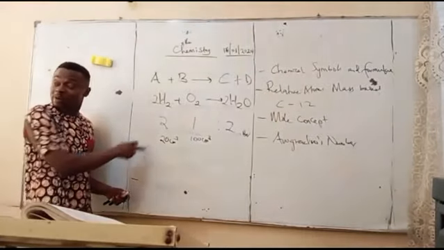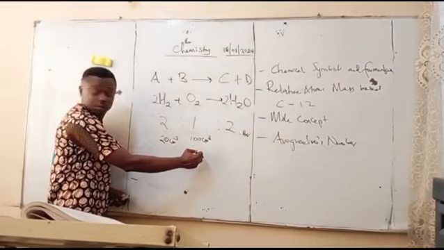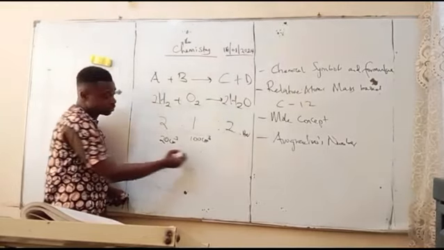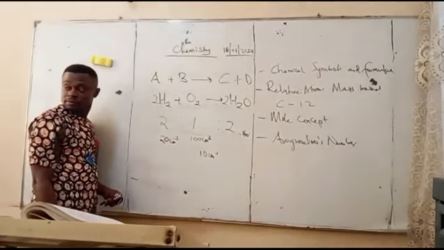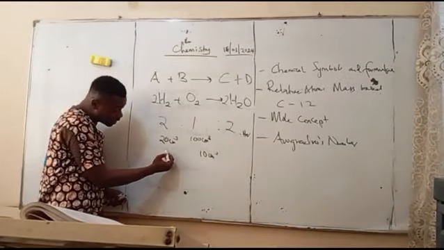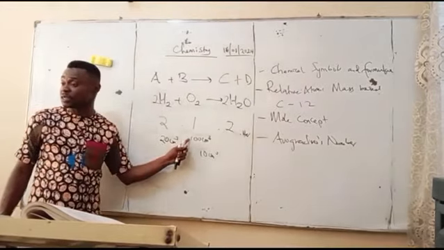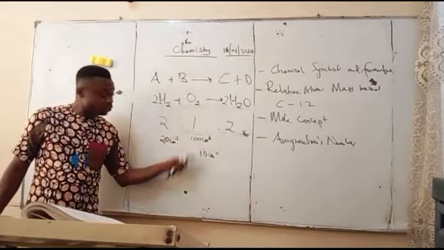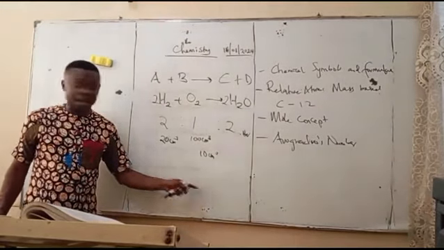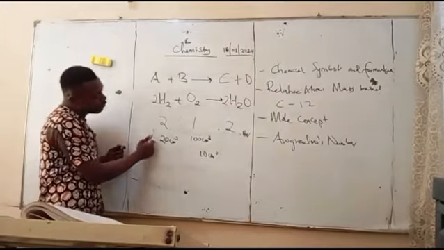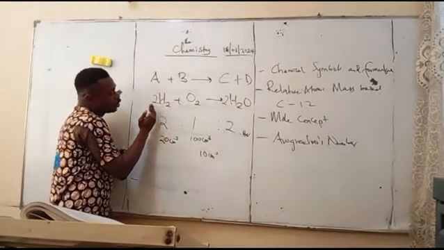The amount that will react with this hydrogen will be half of this, which is 10 cm3. That's the amount that will react with this 20 cm3. If you like, pack 1 million cm3 of oxygen here. So the excess here is 90 cm3.